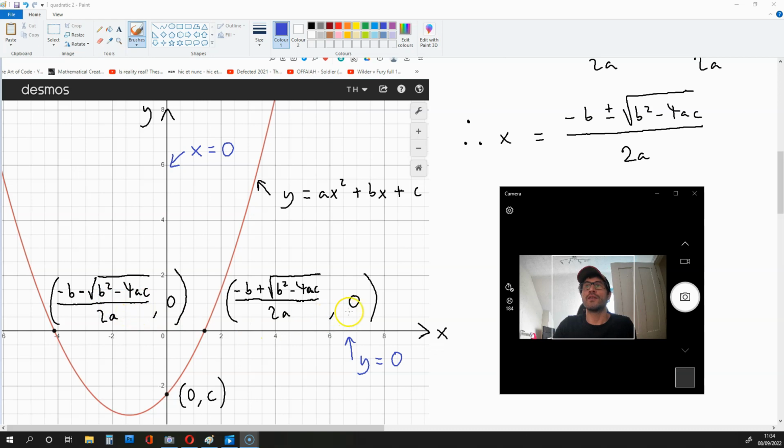So for these coordinates, y is going to be equal to 0, and you're going to get these two intercepts. For one of them, x is going to have this value, and for the other, x is going to have this value to the left.